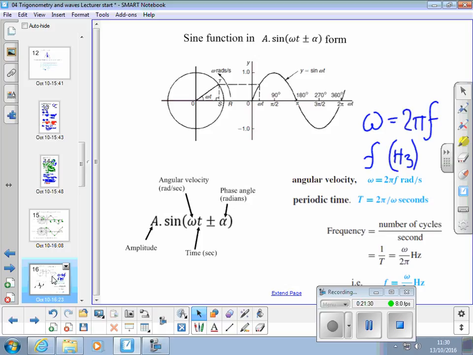And then we can get the period of the waveform, the time it takes to go from there to there, which is the period T. T is equal to 2 pi over omega. T is also equal to 1 over the frequency in hertz. That will give you the time it takes for 1 cycle in seconds.